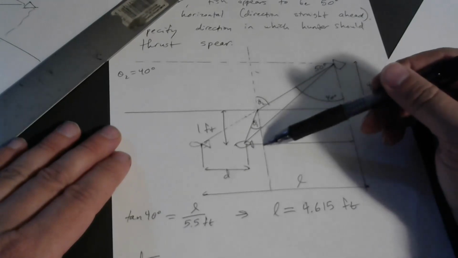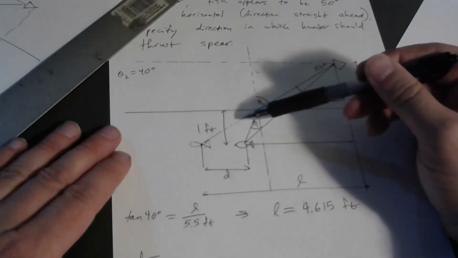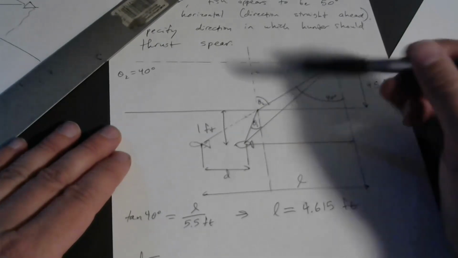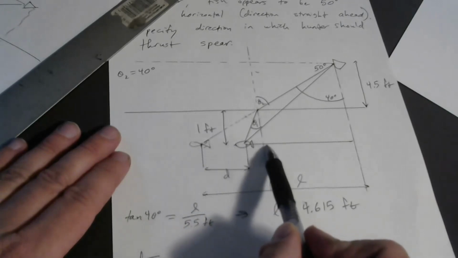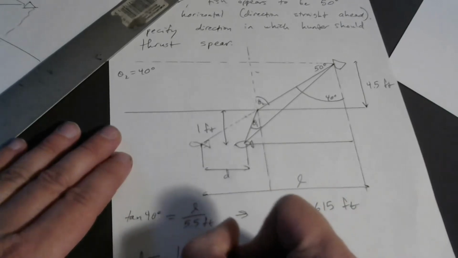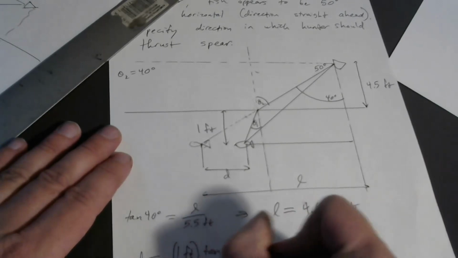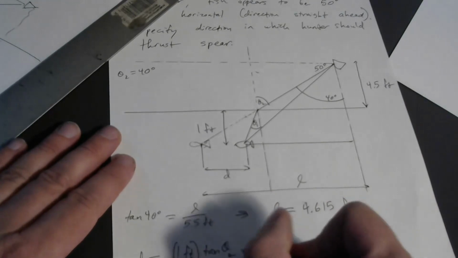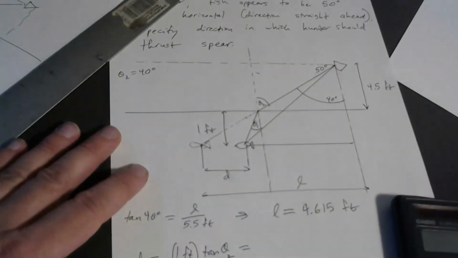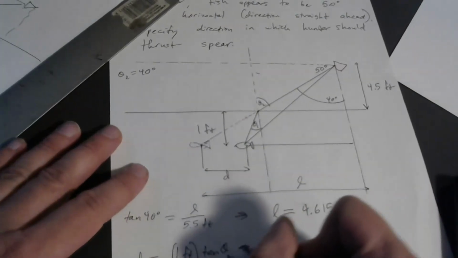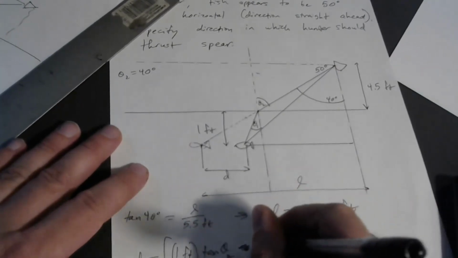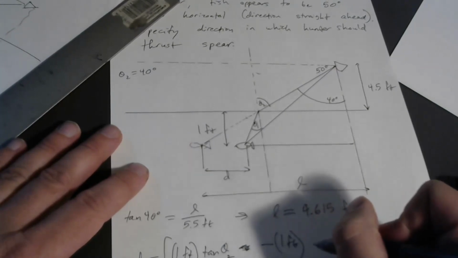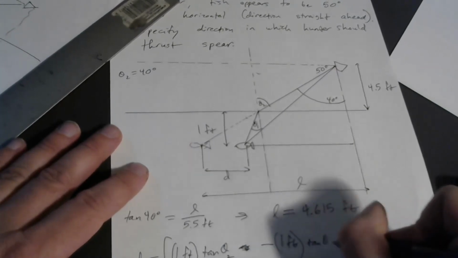If I take 1 foot and multiply it by the tangent of theta 2, I would get this distance. 1 foot times the tangent of theta 2. Well, we already know that theta 2 is 40 degrees. I'm sorry, I forgot to do the subtraction. It's 1 foot tangent theta 2 minus 1 foot times tangent theta 1.